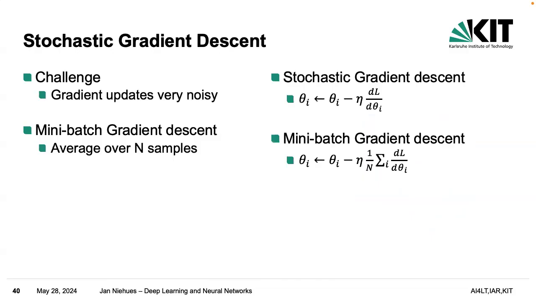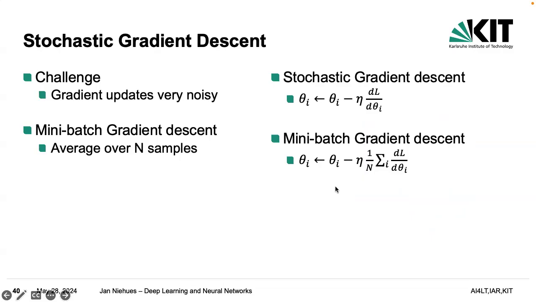And this is what is referred to as mini batch gradient descent. So you average your loss function over n samples, and then you're doing your mini batch update, which again also takes the number of samples into account. So you're averaging your loss over the mini batch, and then you're doing the update after the mini batch.